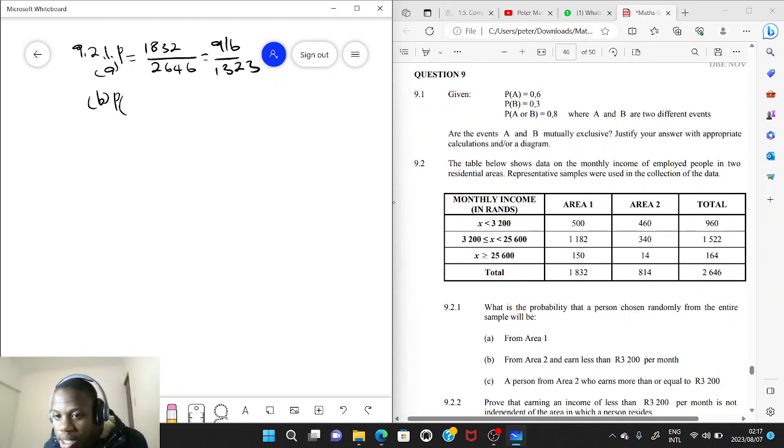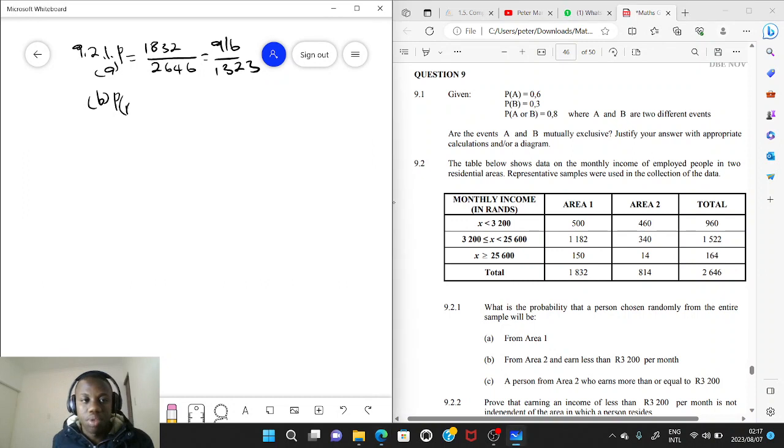Now look here. Here it's a person who's residing in area 2 and earning less than 3.2. So I will say this amount over the sample space, not over the total of those who reside in area 2, but over the sample space. That would be 460 over the sample space.